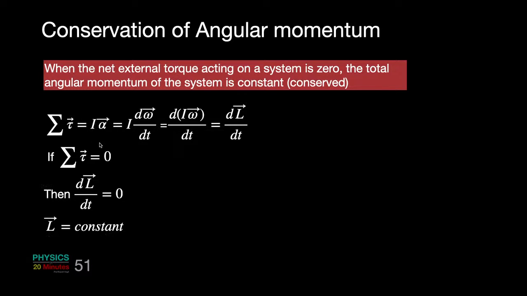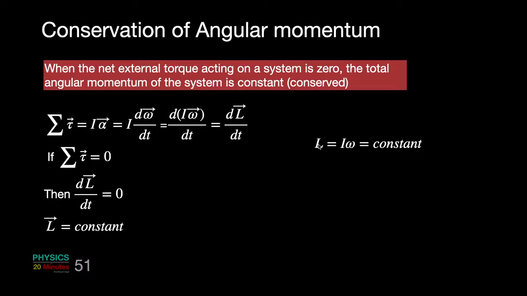If there is no external torque acting on the system, then the angular momentum, the vector angular momentum, remains constant, or it is conserved. Remember, the angular momentum is conserved both in magnitude as well as in direction.